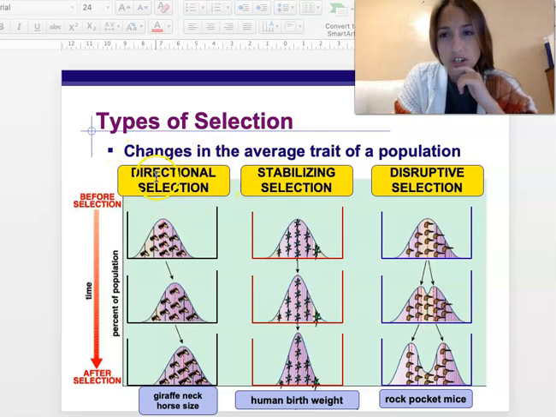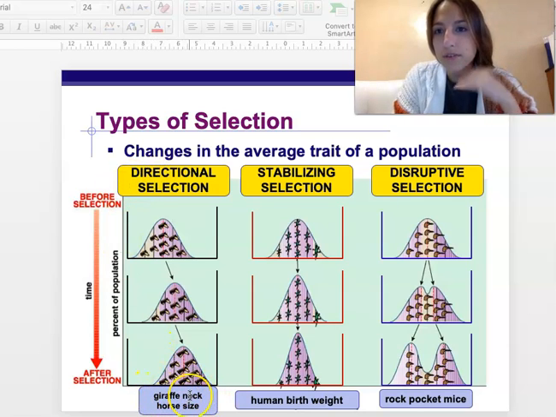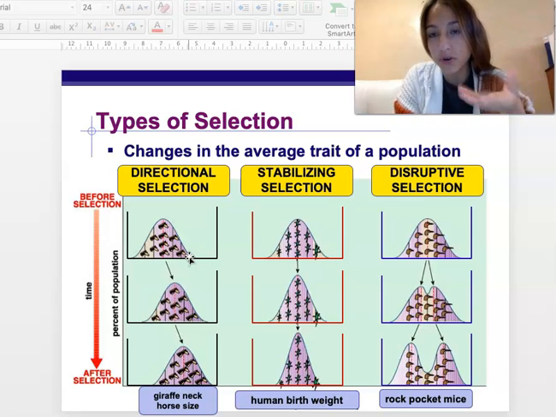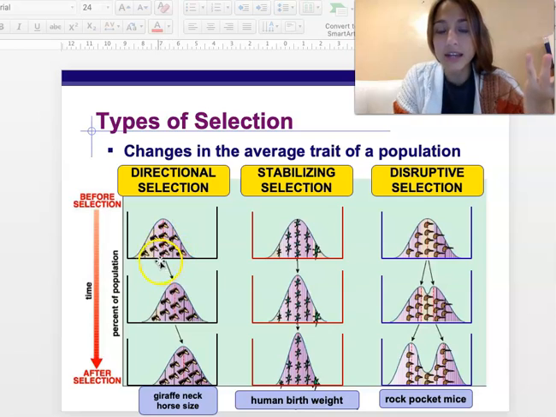So let's say that the population is undergoing something that's called directional selection. What you can see, this would be an example, for example, giraffe neck size or horse sizes. Okay, so before selection, there can be a variety of different sizes of the giraffe neck or the horse. But if having a larger neck or being a larger horse is beneficial for your reproductive success, then the traits that will be selected for will be larger size or larger neck.